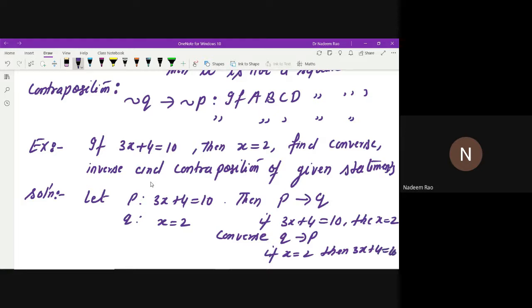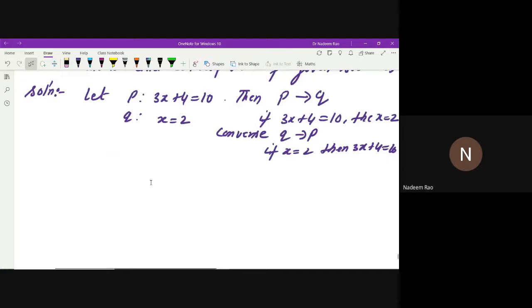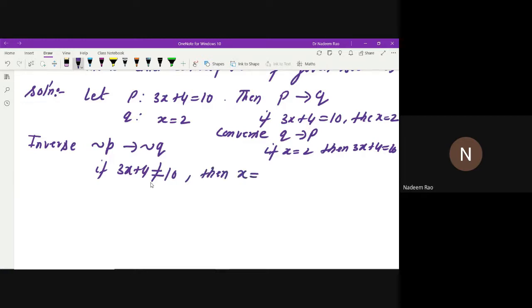Okay, what about the inverse? How will we write the inverse? Inverse is negation of P implies negation of Q. This implies that if 3x plus 4 is not equal to 10, then x is not equal to 2.